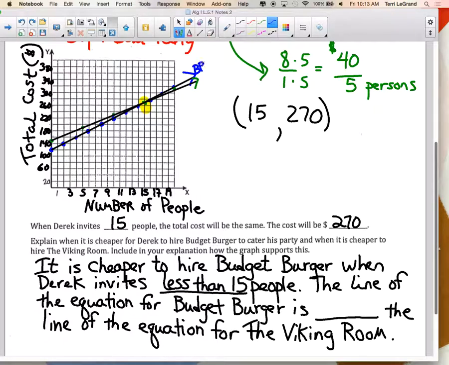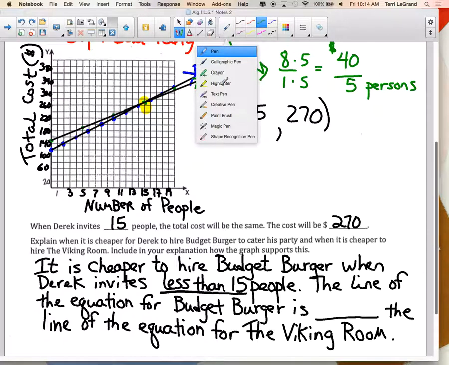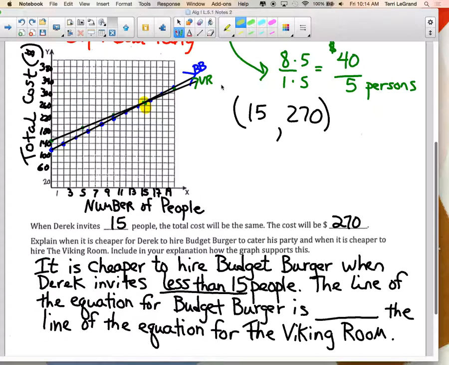Okay, so what would be helpful on the graph? Call this line BB for Budget Burger, and call this line VR for Viking Room. On the graph, I did mine in different colors, so it's a lot easier to see. Sometimes you might want to do this when you're graphing problems like this. It might be helpful to use colors or some highlighting.